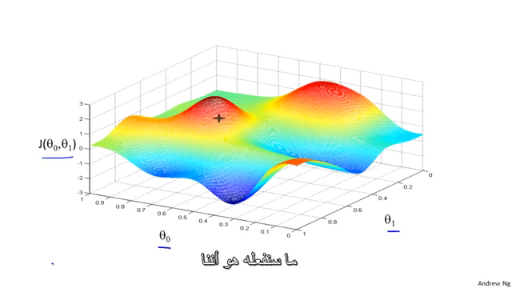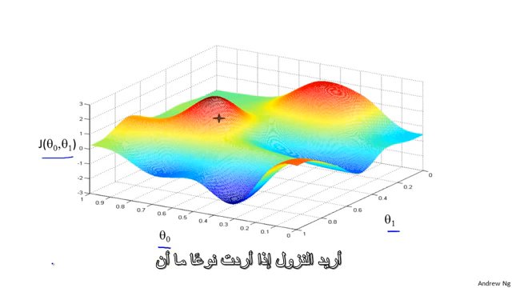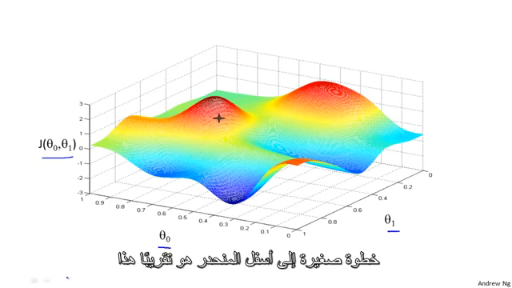In gradient descent, what we're going to do is spin 360 degrees around, just look all around us and ask, if I were to take a little baby step in some direction, and I want to go downhill as quickly as possible, what direction do I take that little baby step in if I sort of want to physically walk down this hill as rapidly as possible? Turns out that if you're standing at that point on the hill, and you look all around, you find that the best direction to take a little step downhill is roughly that direction.